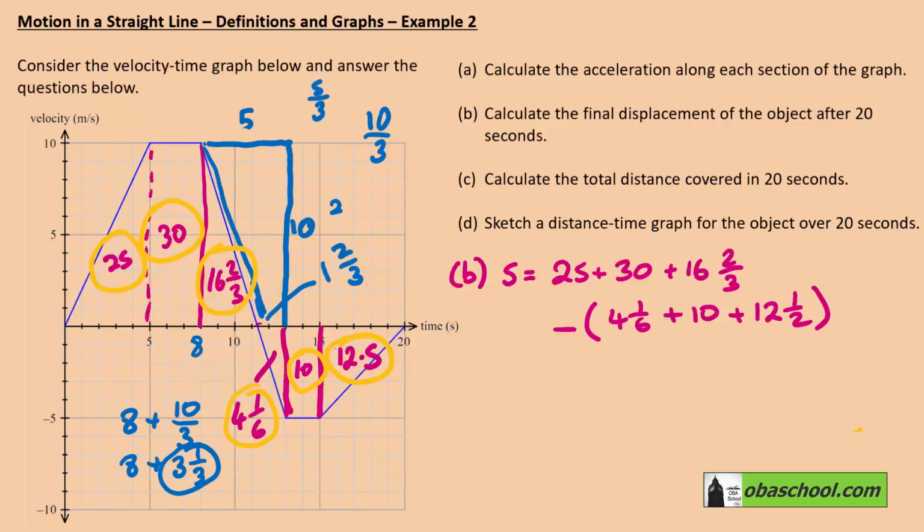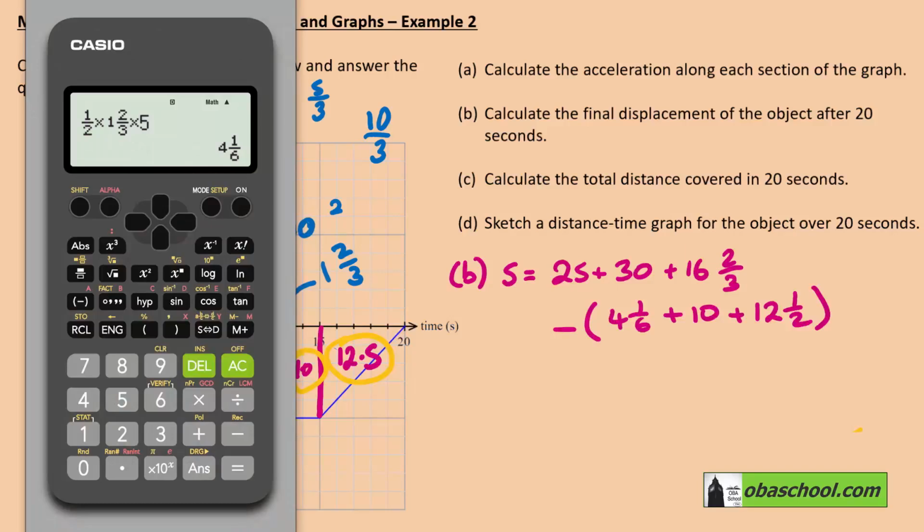So let's put that into the calculator, and we have 25 add 30 add 16 and 2/3.